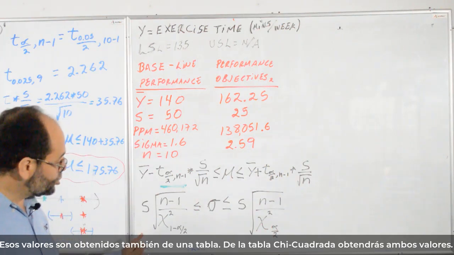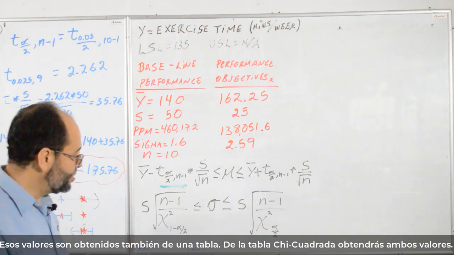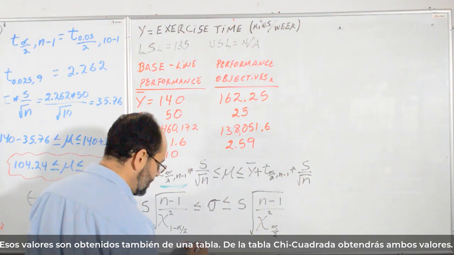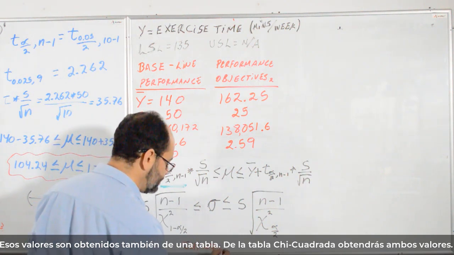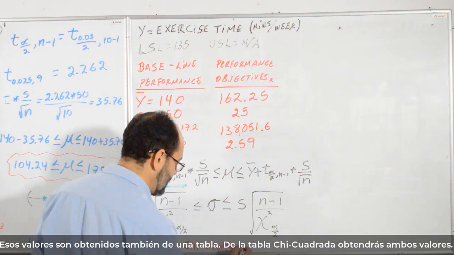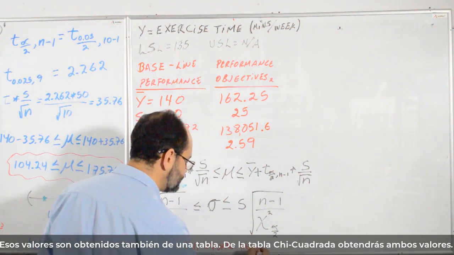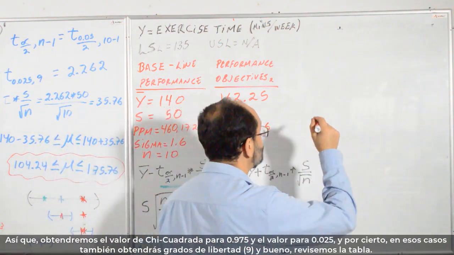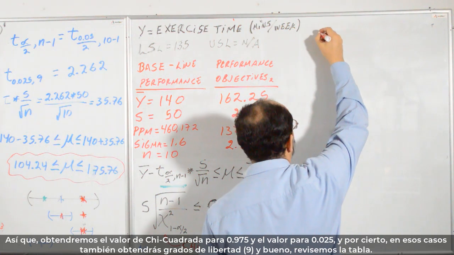Those values are also obtained from tables, so you will be using the chi-square table, and from there you are going to get those values.